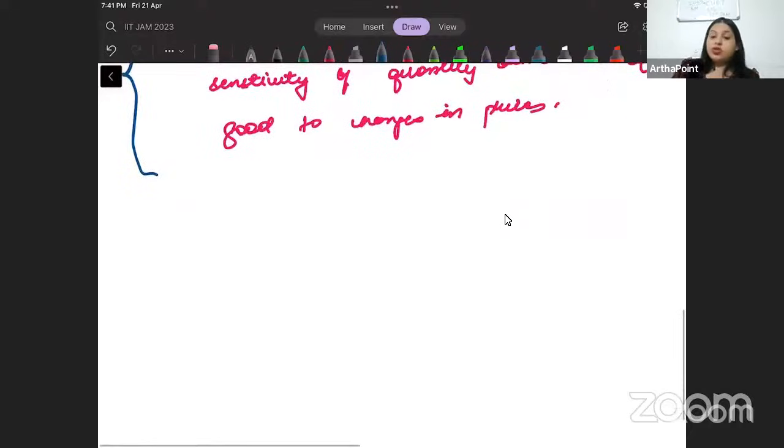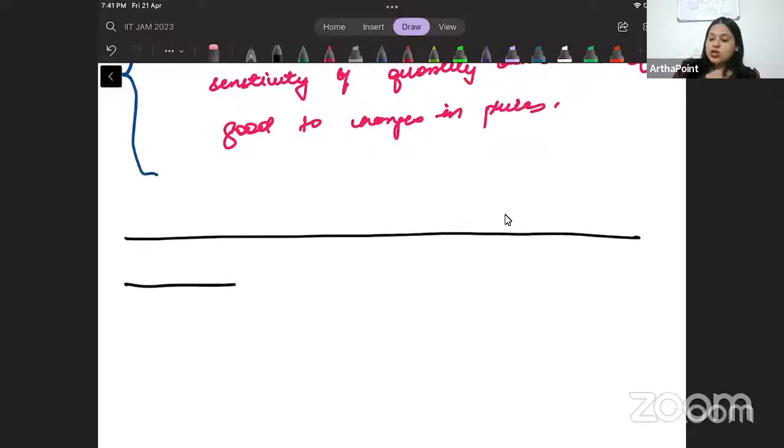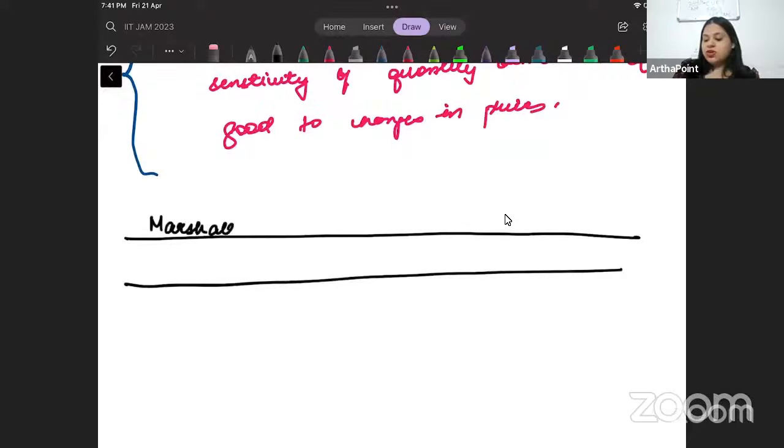Most important question, who introduced the concept of elasticity of demand? So better write down Marshall. He introduced the concept of elasticity into economic theory.